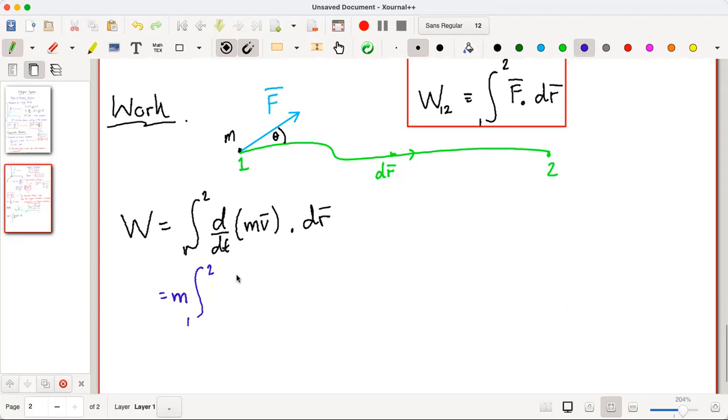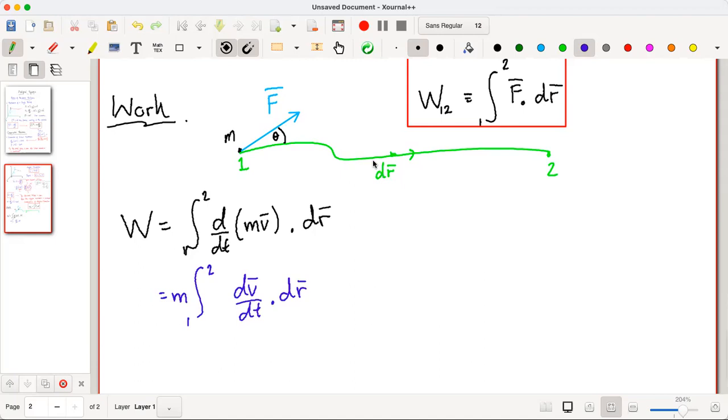So this is just dv/dt dot dr. Now obviously dv/dt is the acceleration. By the way, I didn't define acceleration above, but I'm sure you all know acceleration is the first derivative of velocity with respect to time, or the second derivative of position with respect to time.